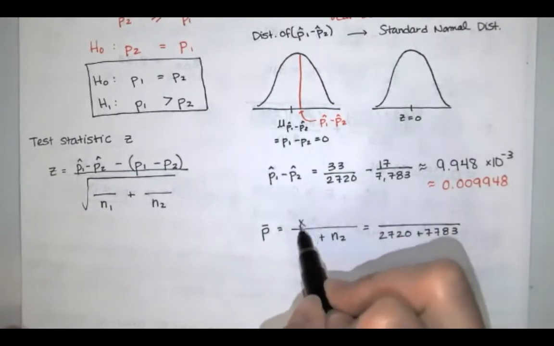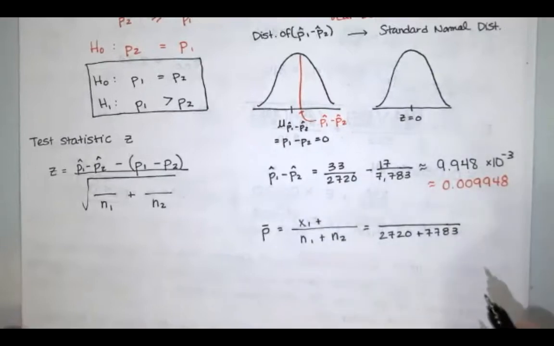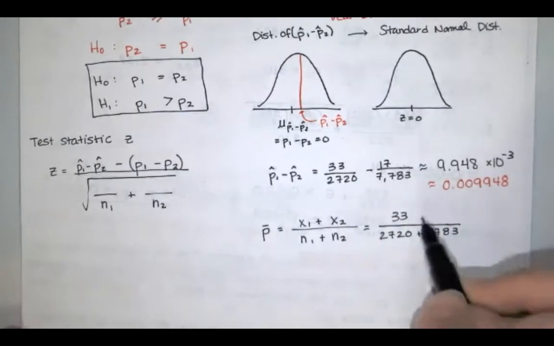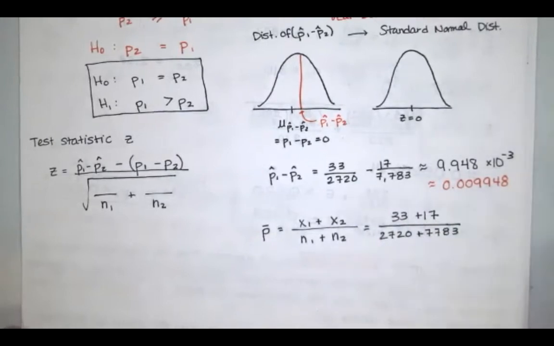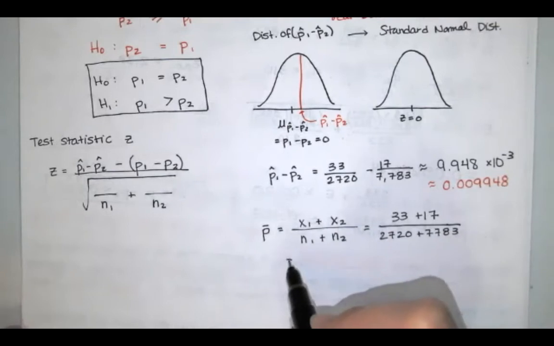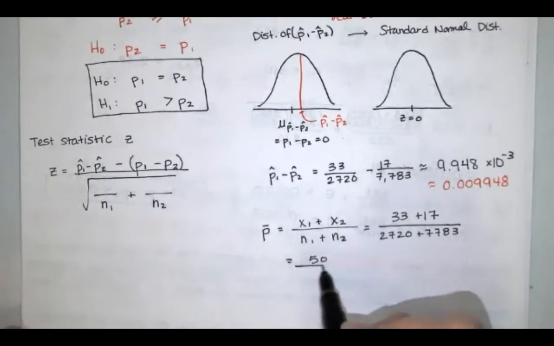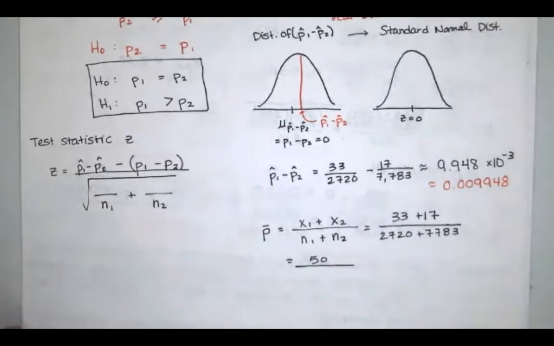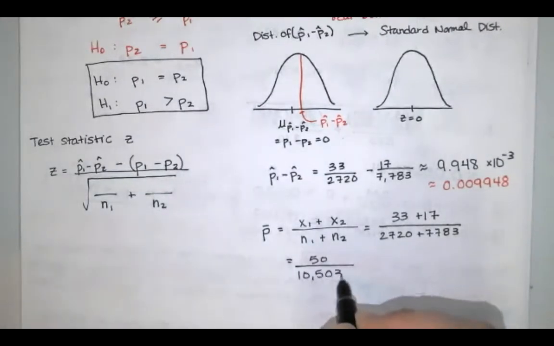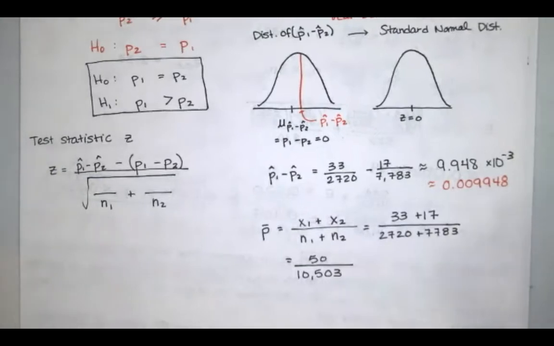While we had 33 fatalities among those without seatbelts, and we had 17 fatalities among those who were wearing seatbelts. So if we add these together, this is going to be 50 in the numerator. And then in the denominator, we have 10,503.